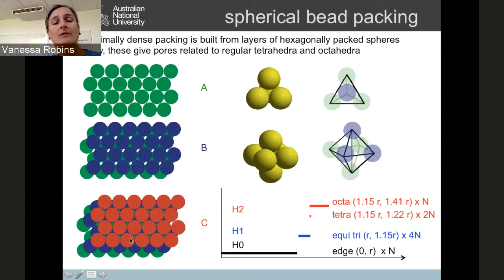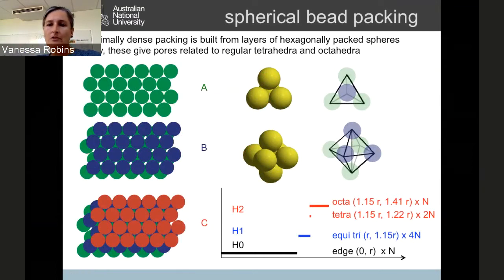The point I'm trying to make here is that there is no unique solution to the densest possible packing. There are infinitely many possible ways to pack spheres at 74% volume fraction. And the other interesting thing is that they all have the same local configurations.